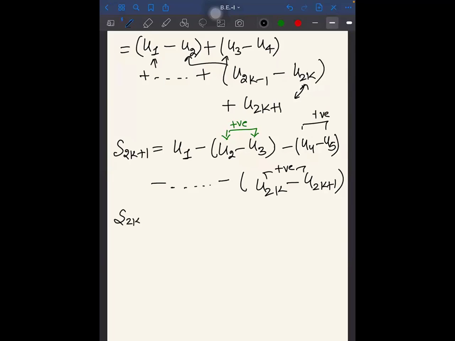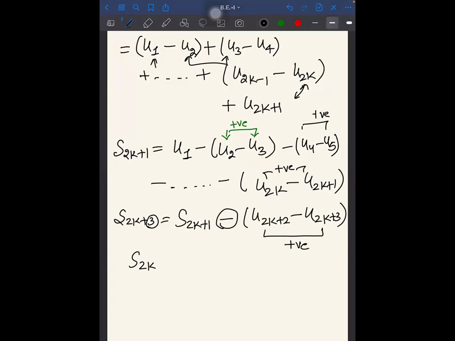So if you make S2k plus 3, two terms extra, why? Because we are dealing with the odd sequence. So I'm not taking S2k plus 2, I'm directly taking S2k plus 3. You will have one more bracket here which is positive, but outside there is a negative sign.